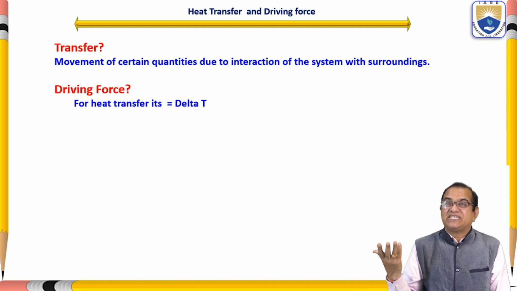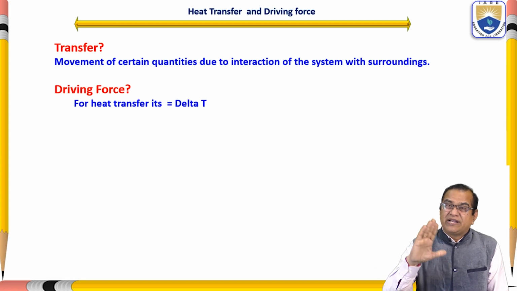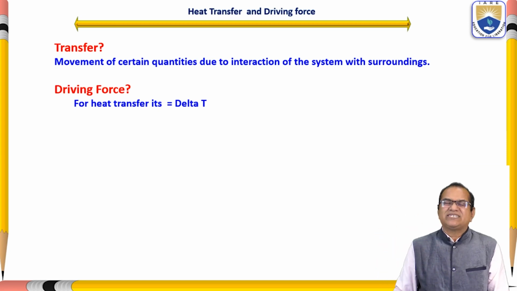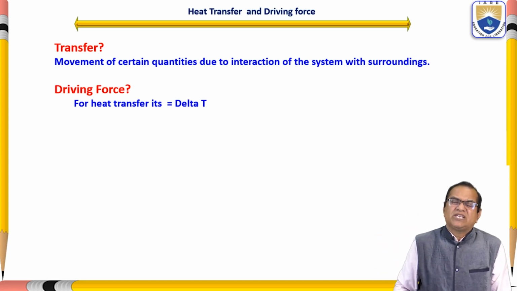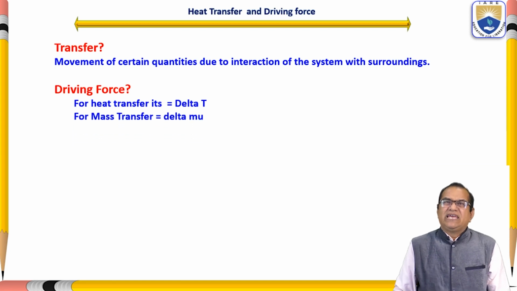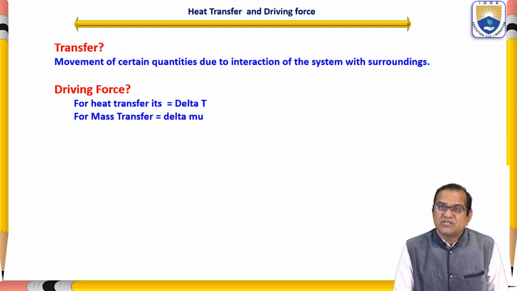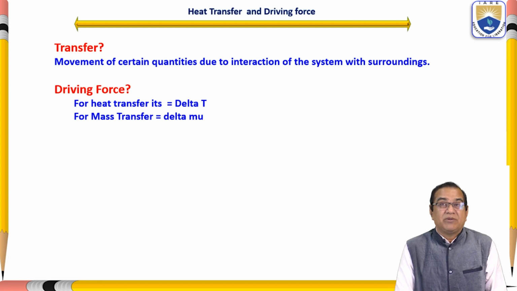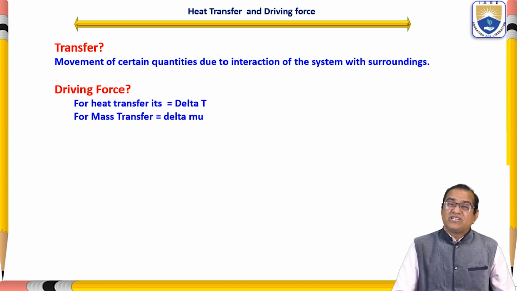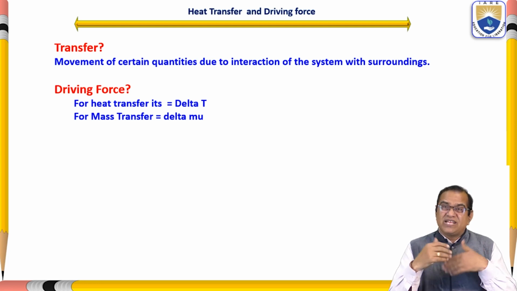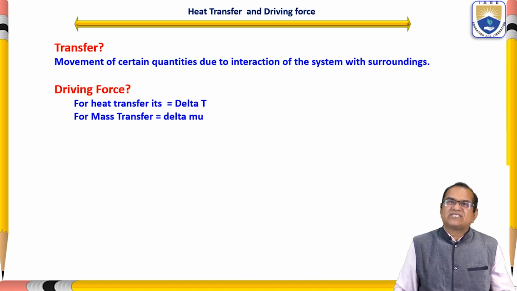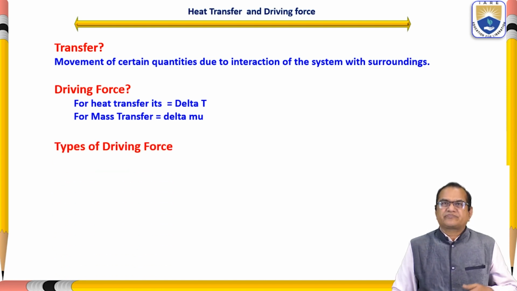So the temperature difference makes the system transfer heat from one place to another. For mass transfer, it is delta mu, a difference in its property.